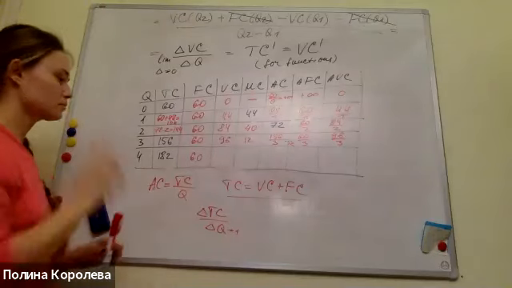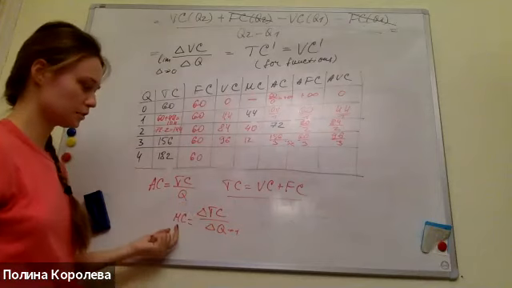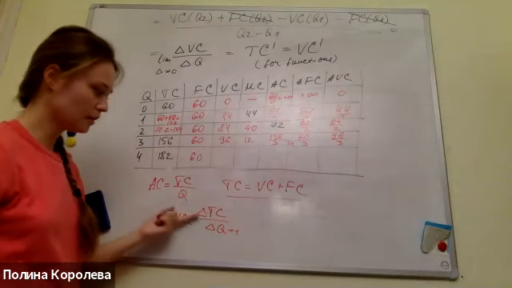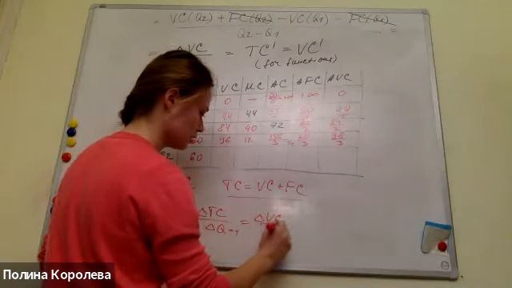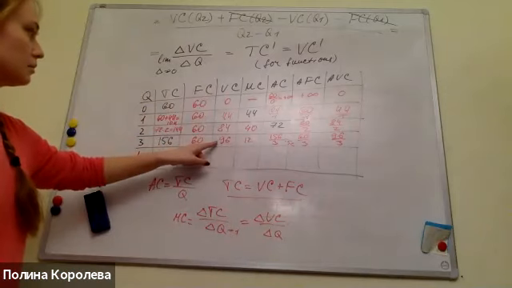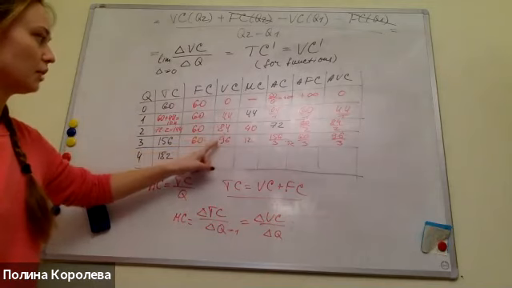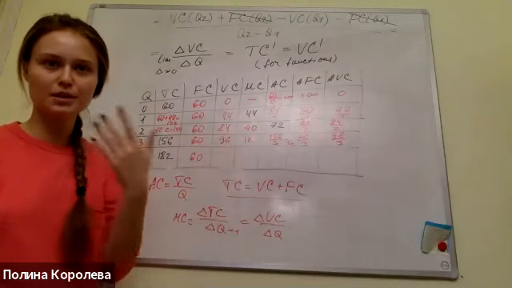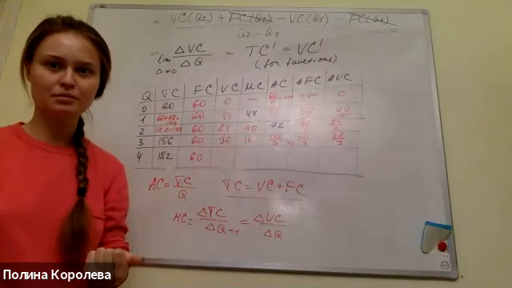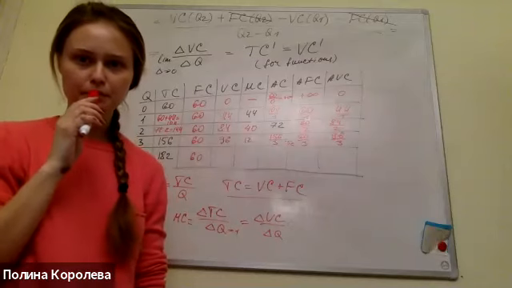We can count marginal costs, as I have told you, by the change in total costs or by the change in variable costs. For example, variable cost before was 84, now we have 96. The change is 12, the same change, because fixed costs are fixed. You understood? So, and last row, Diane, please finish.